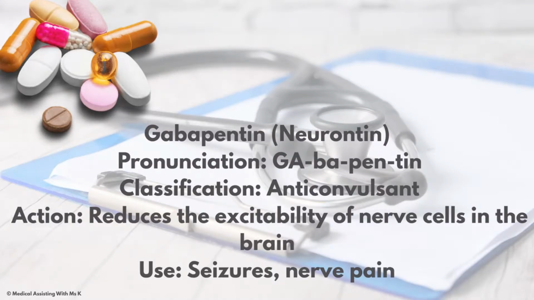But anyway, gabapentin, the brand name is Neurontin. Classification is an anticonvulsant. The action, it reduces the excitability of nerve cells in the brain. The use is for seizures as well as nerve pain.